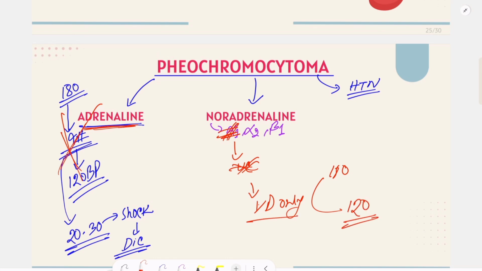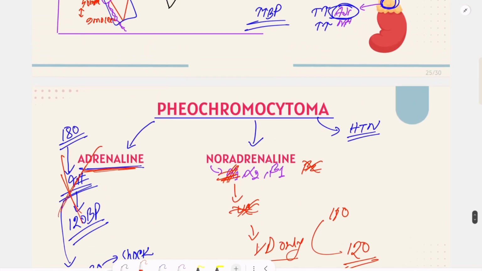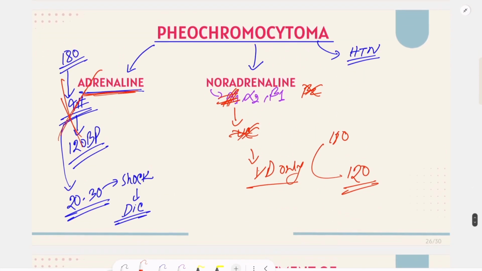There is no exaggerated vasodilation as there is no beta 2 receptor stimulation to cause vasodilation. So the decrease in blood pressure after using an alpha blocker in adrenaline producing tumor is very toxic and may cause death of the person, but in noradrenaline producing tumor using an alpha blocker is safe.